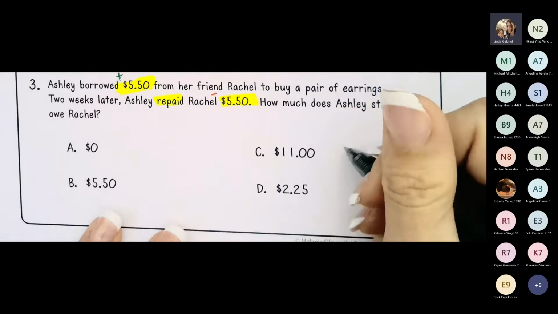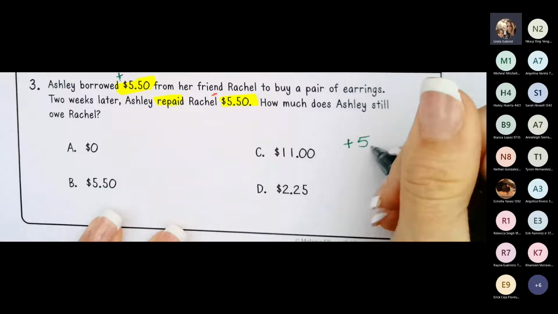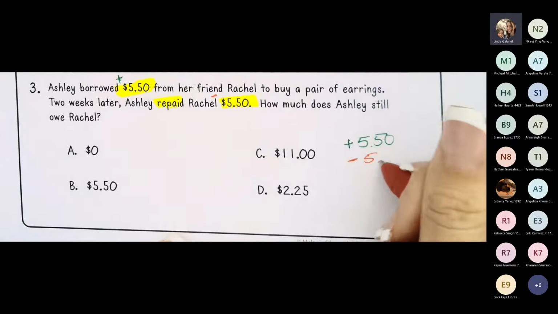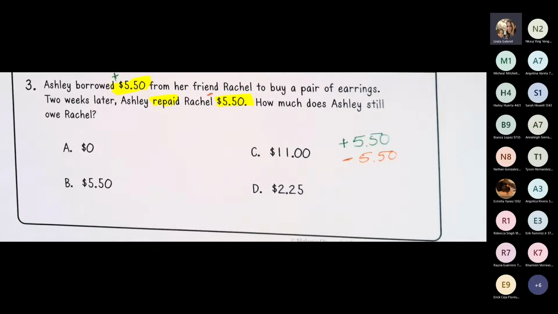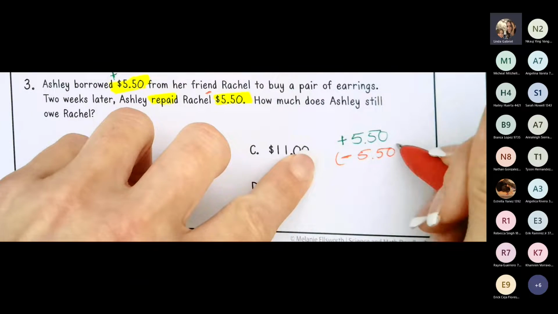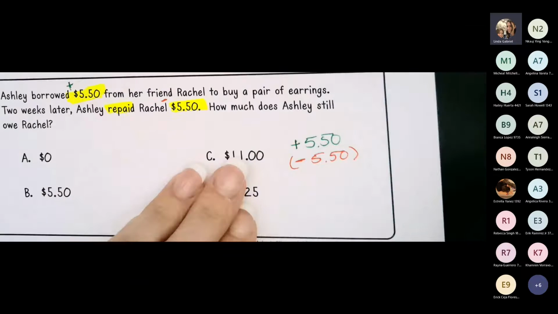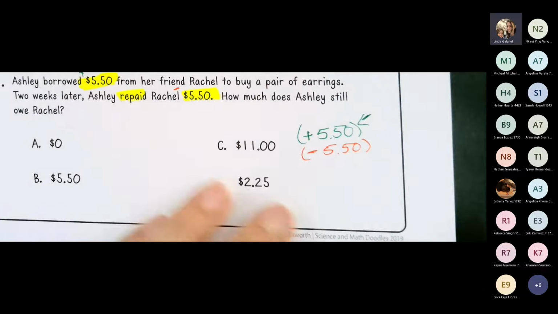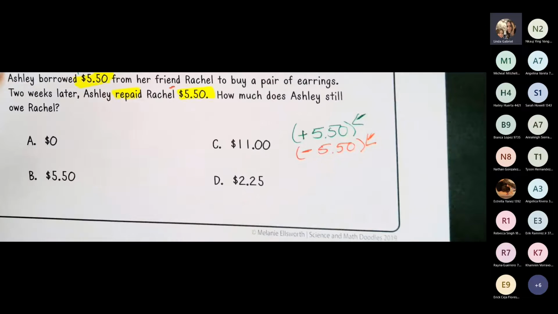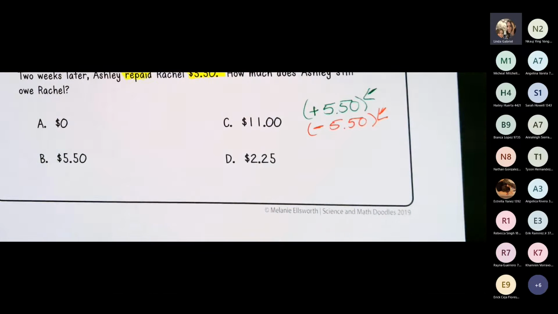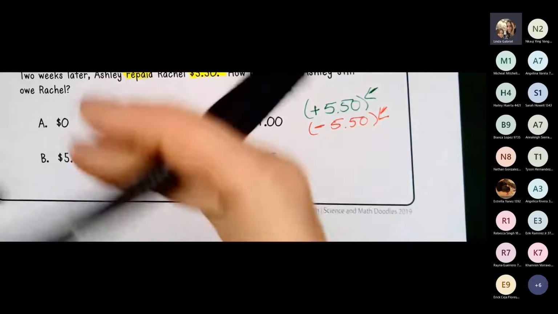All right, so the original value was $5.50, and she gave her back $5.50, right? $5.50 plus -$5.50, right? If I have my original number here and my additive inverse here, I know that when I combine my original number and additive inverse, I will always get 0 because that is in our rule, right?